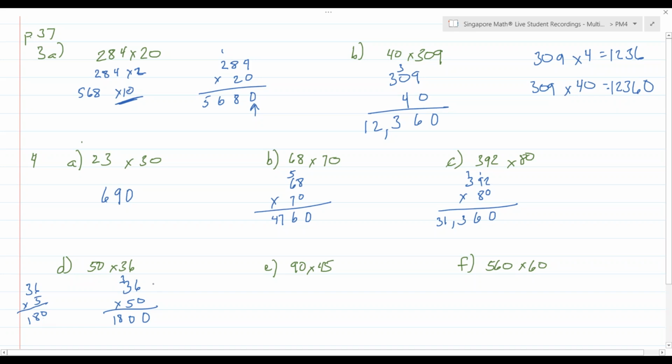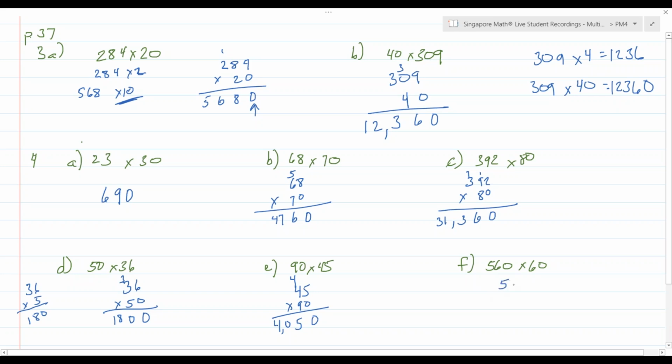So 36 times 5 tens is 180 tens, or 1,800. 45 times 90. There's a 0 in the ones place. 9 times 5 is 45. 9 times 4 is 36. Add 4 to get 40. 4,050 is the answer.